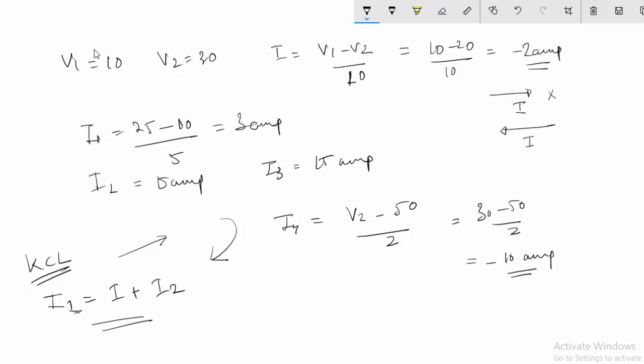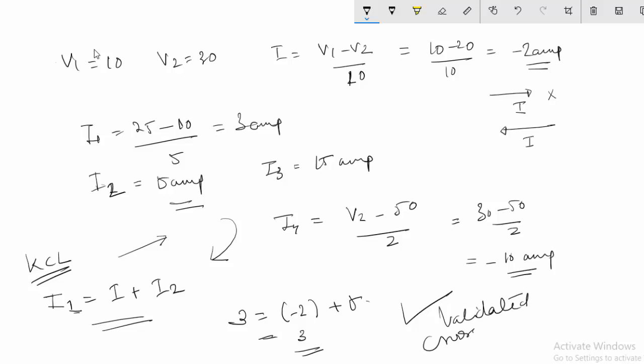So 3 equal to I, which is your minus 2, plus I2, which is equal to 5 amperes. So this is equal to 3. So whatever you have calculated so far is correct and it has been validated or cross checked. So in this way it is also possible to cross check your answer.